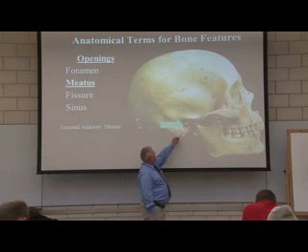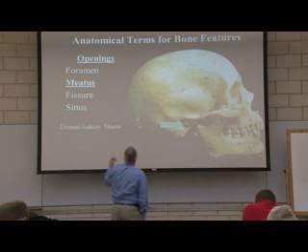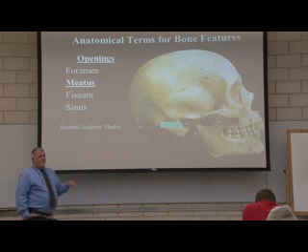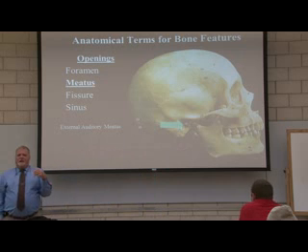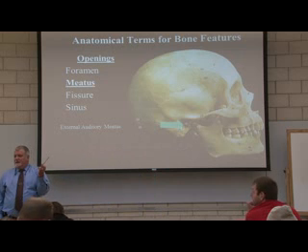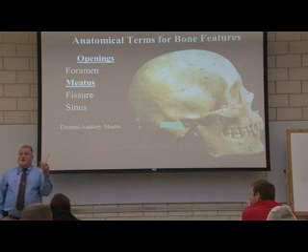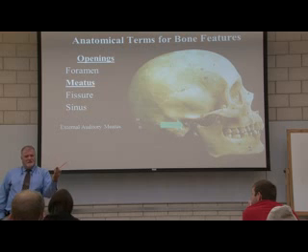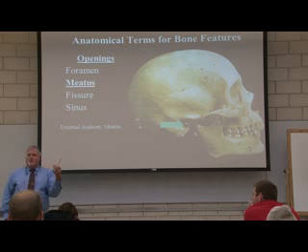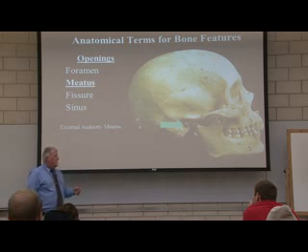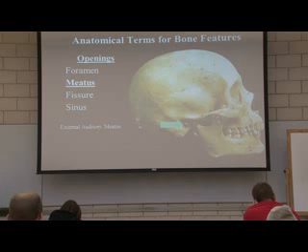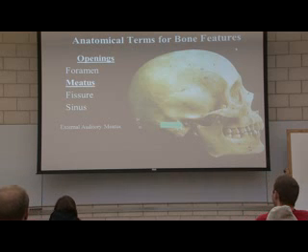So we call it the external auditory meatus because auditory tells us it's associated with the ear. But because we have two, one inside the skull and one outside the skull, we have to distinguish those, so external and internal auditory meatuses. We'll also see meatus used for soft tissue as well as we go forward, and not just a canal in the bone.